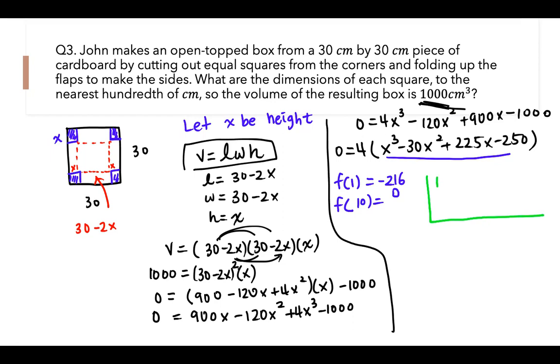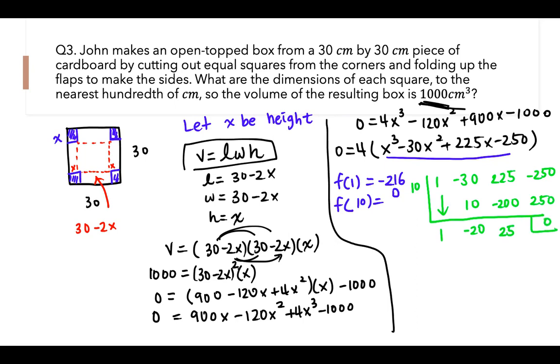So 1, negative 30, 225, and negative 250, and 10. So 1 comes down, 10, you add them together, negative 30 plus 10, negative 20, negative 200, you add them together, 25, then 250, and that's it.